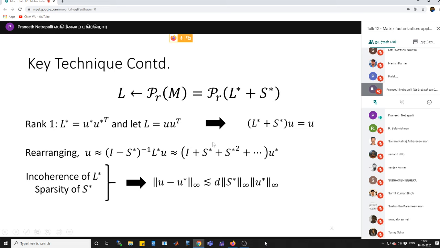And you can use the sparsity of S star, the operator norm of S star, and the incoherence of U star to argue that the infinity norm of U minus U star is at most a constant times the infinity norm of S star times the infinity norm of U star. Okay. This basically gives you an infinity norm bound on the eigenvectors. You can then convert this into an infinity norm bound on the low rank matrices U U transpose and U star U star transpose.